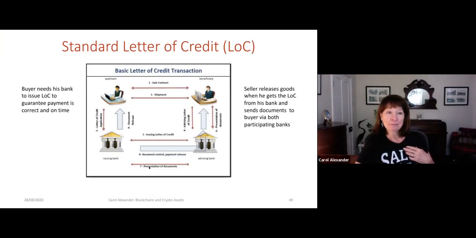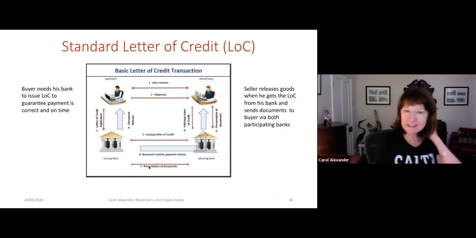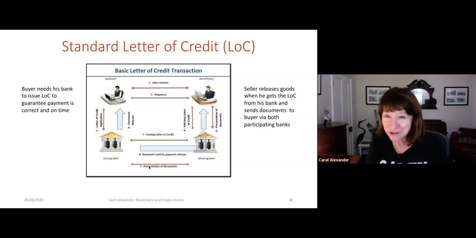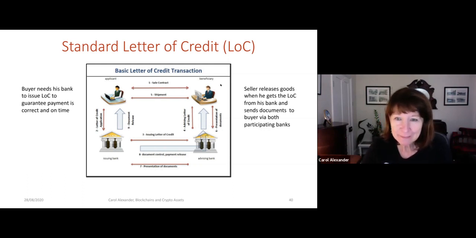Okay, so let's go back to smart contracts. This is an example of a very old-fashioned traditional contract where you start here and I'm buying a washing machine from Germany, so there's the sale contract.